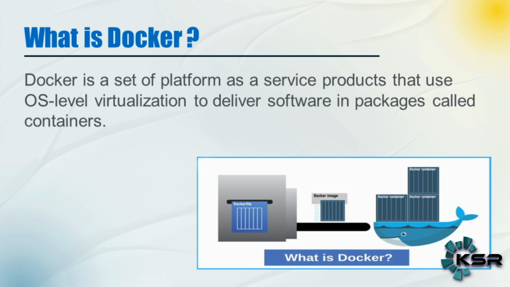Before that, why is Docker here? What is making Docker so popular in the current IT industry? Docker is a software platform which allows you to build, test, and deploy an application very quickly.